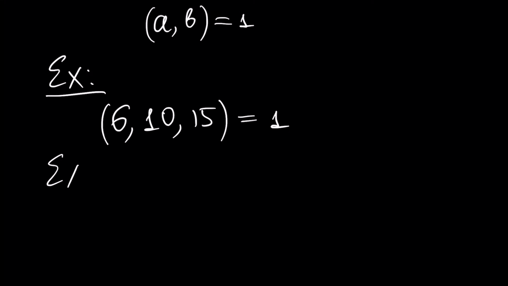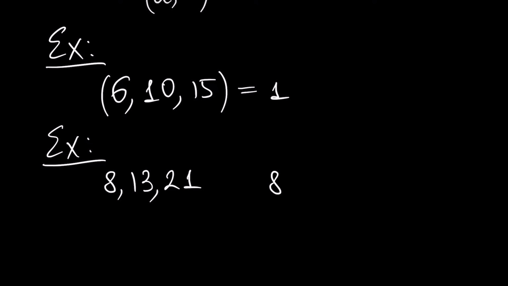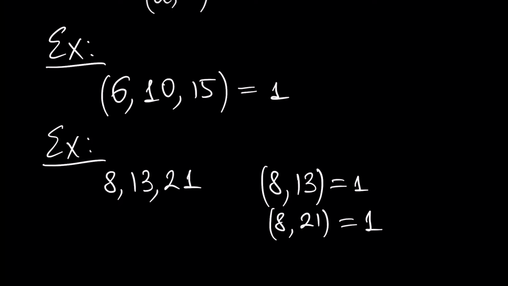But these integers 8, 13, and 21 are relatively prime in pairs because the greatest common divisor of 8 and 13 is 1. The greatest common divisor of 8 and 21 is 1. And the greatest common divisor of 13 and 21 is also 1.